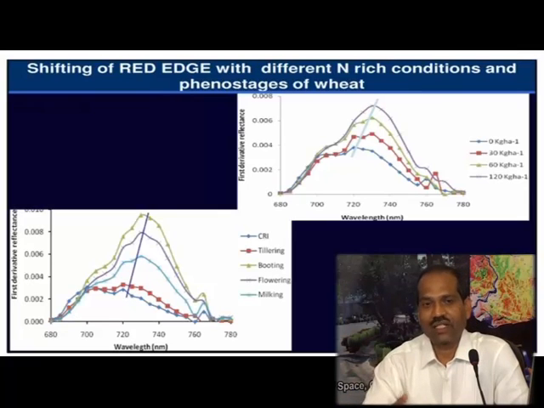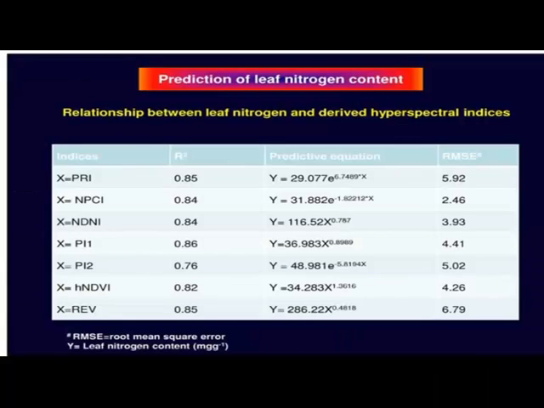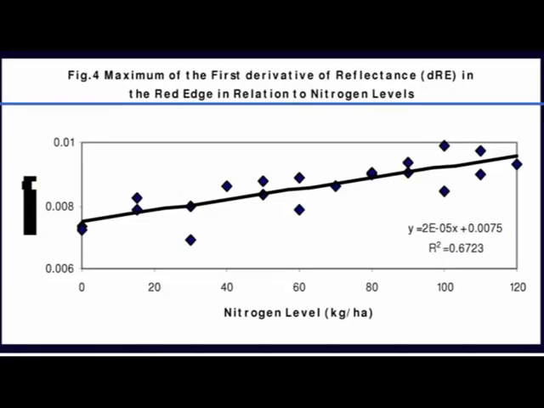Then different indices are compared with respect to the radius value. You can see here, with respect to the leaf nitrogen content, good prediction equations were developed with R-square values above 0.8, and different indices which look good for nitrogen estimation. I have shown you the validated results of those already. DRI is nothing but the radius value, that is the derivative of the reflectance with respect to the wavelength.